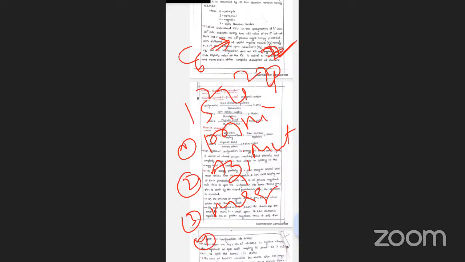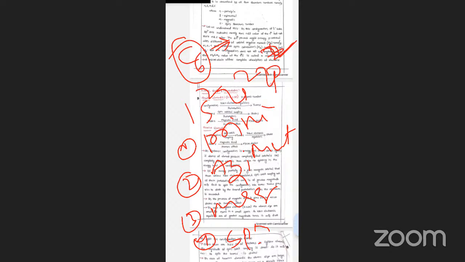The first one is the principal quantum number, the second is the azimuthal quantum number, the third is the magnetic quantum number, and the fourth is the spin quantum number. These 4 quantum numbers give the full information about that element.